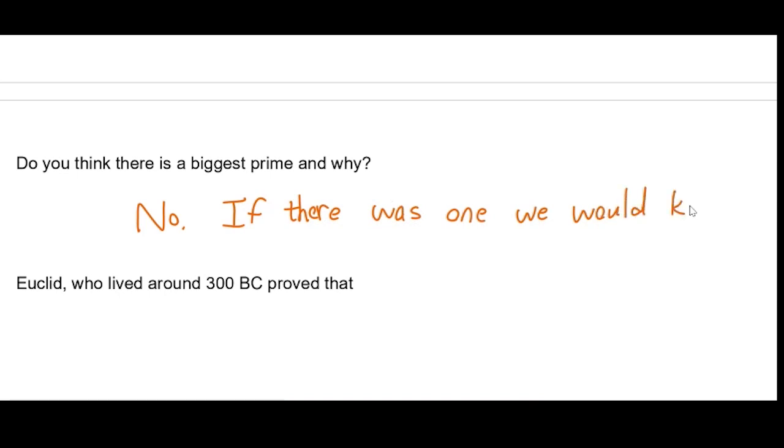Maybe if there was one, we would know it. Right. Euclid, who lived around 300 years BC, proved that there is no biggest prime. They get rarer and rarer, less and less common, but in fact, there's no biggest prime.